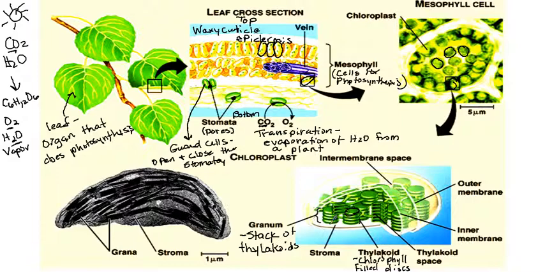And then we also have some space inside the chloroplast around the thylakoids, kind of like the cytoplasm is the space around the organelles in a cell. The stroma is the space around the thylakoids in a chloroplast. So let's put that this is just the empty space around the thylakoids.